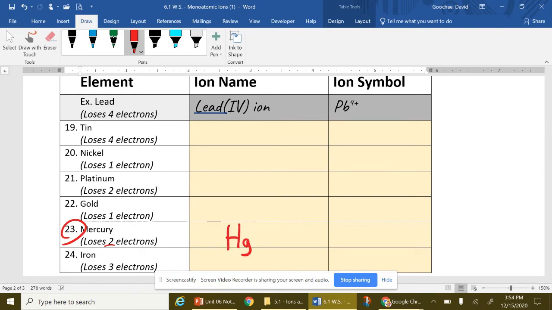First of all, it would be a mercury 2 ion. Again, we use a Roman numeral to indicate how positive most metal ions are. And so the symbol is going to be Hg 2 plus. There's also a mercury 1, that's 1 plus, which is why we need the Roman numerals in the first place.